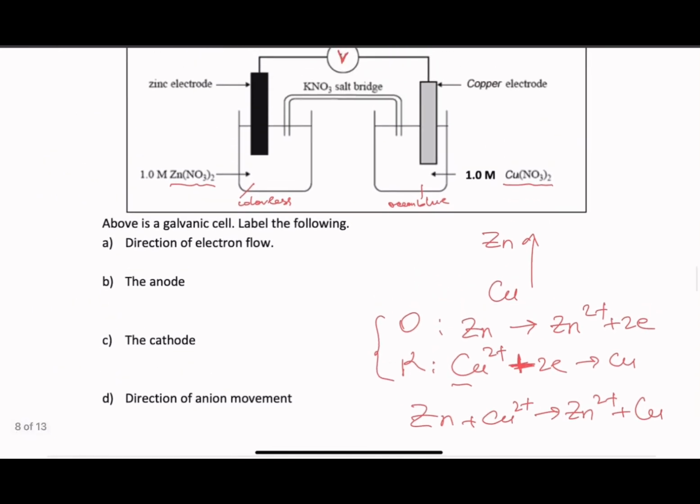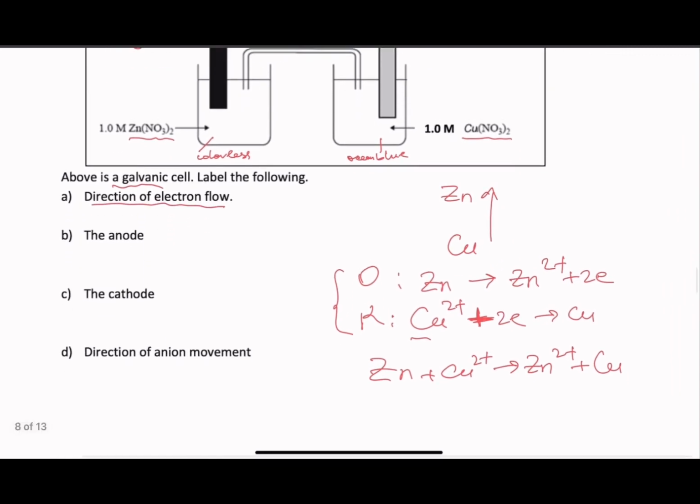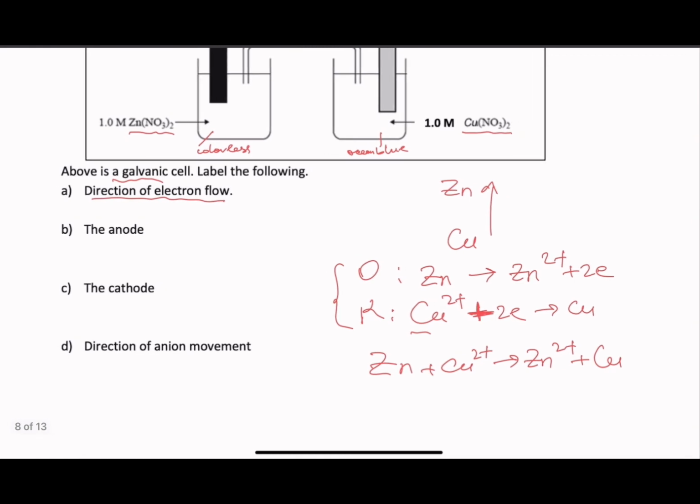Now it's asking about a galvanic cell. Galvanic cell or voltaic cell, they're the same. Label the following: direction of electron flow. We know that this is the zinc electrode, and zinc got oxidized. When you oxidize, you fall into the solution. We know that in the zinc nitrate we have lots of zinc 2 plus and nitrate minus, right?